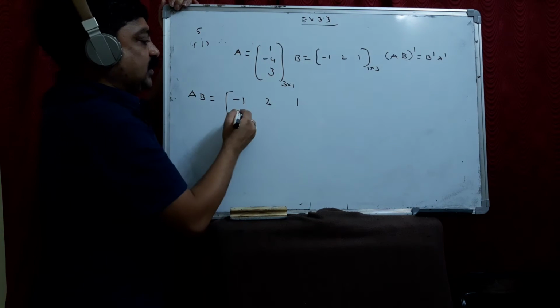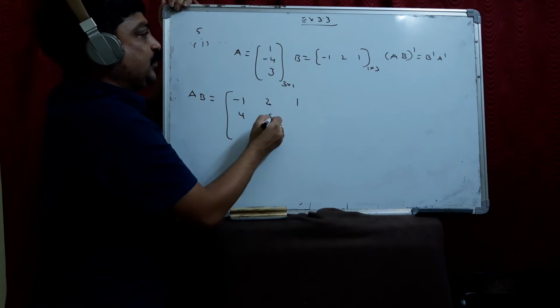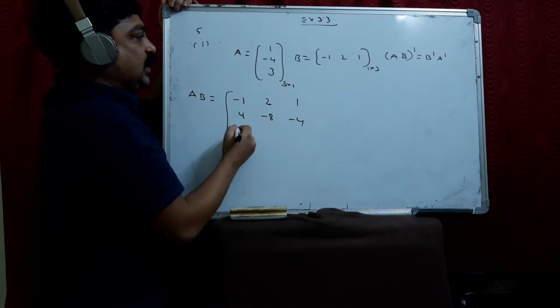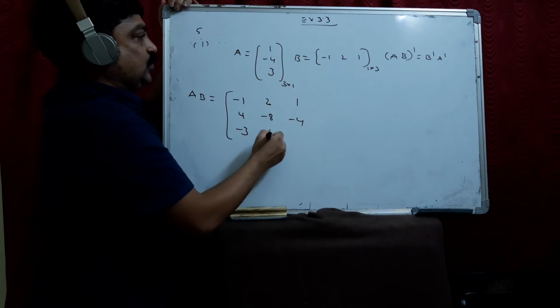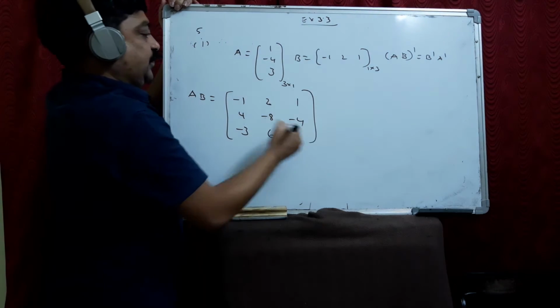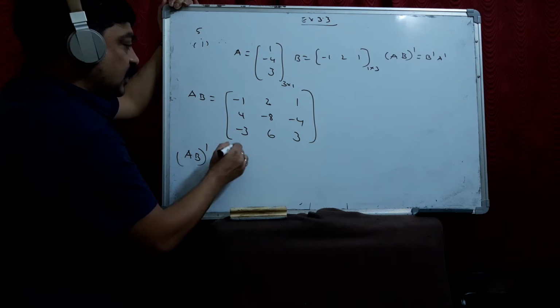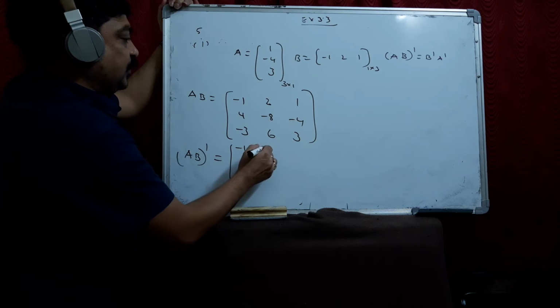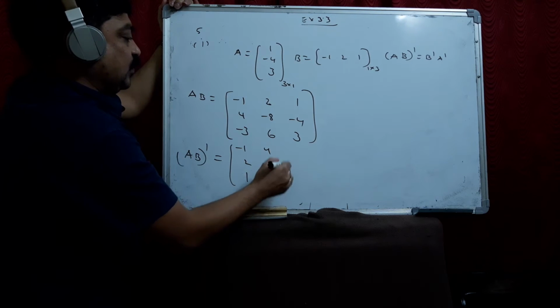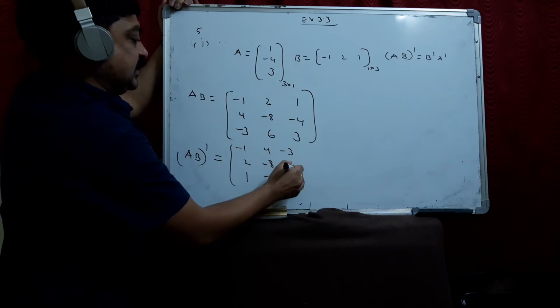Next minus 4 into minus 1, minus 4 into 2, minus 4 into 1, 3 into minus 1, 3 into 2, 3 into 1, 3. This is AB. What is AB transpose? Minus 1, 2, 1, 4, minus 8, minus 4, minus 3, 6, 3.